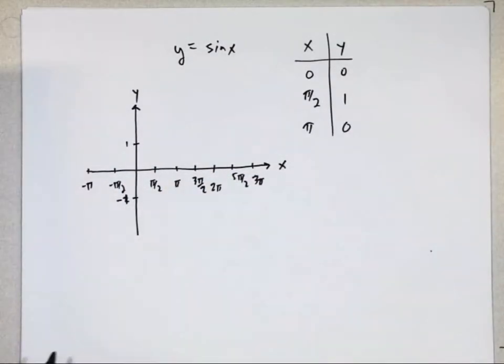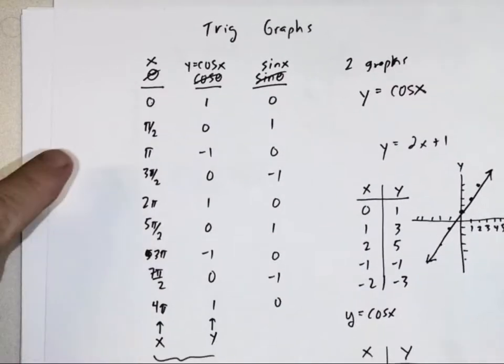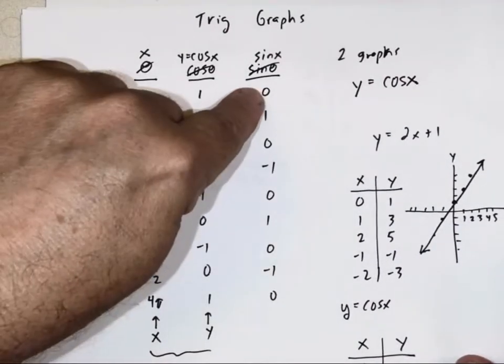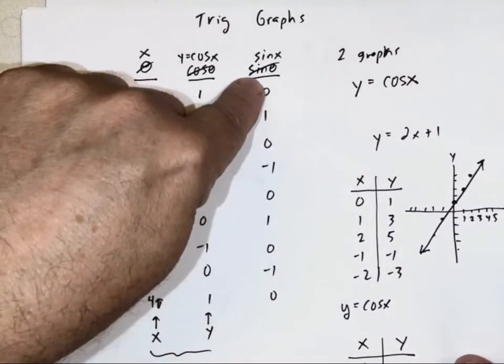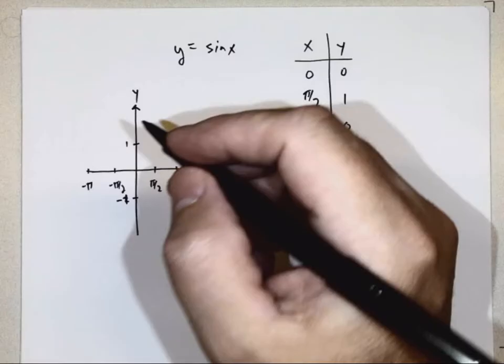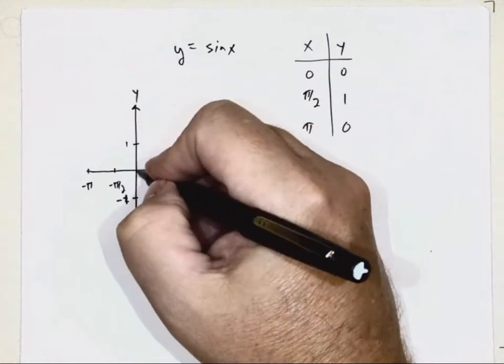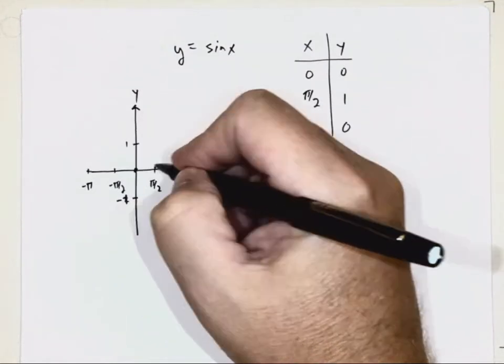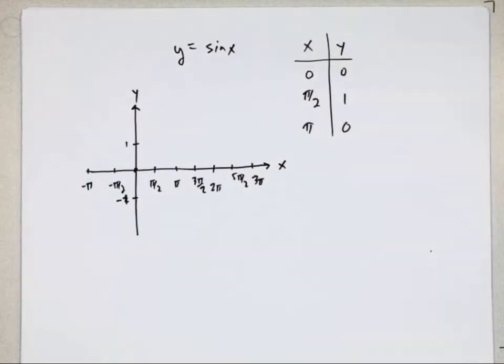So now I'm going to plot. These are my values of x, these are my y's, which is the sine of x. So when x is 0, y is 0, or the sine of 0 is 0.